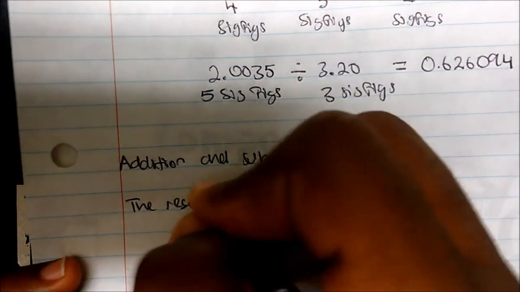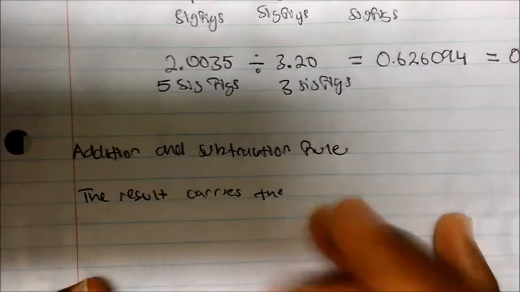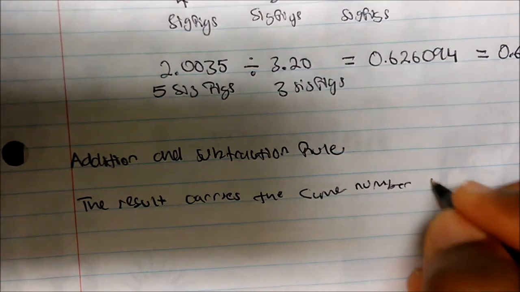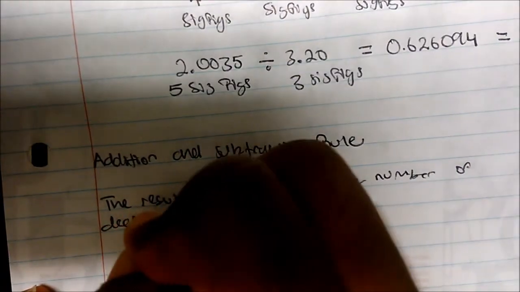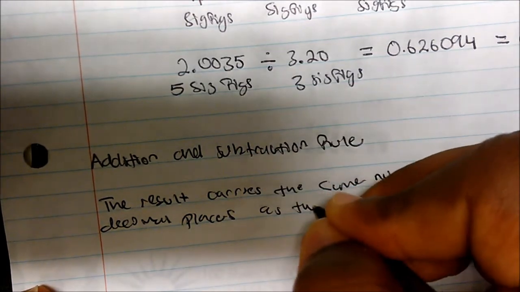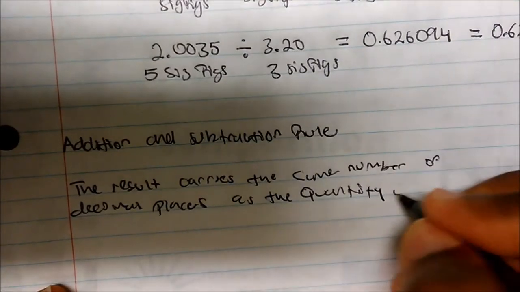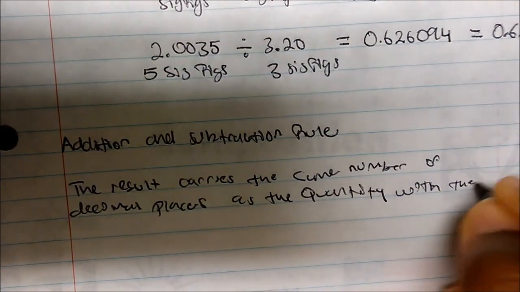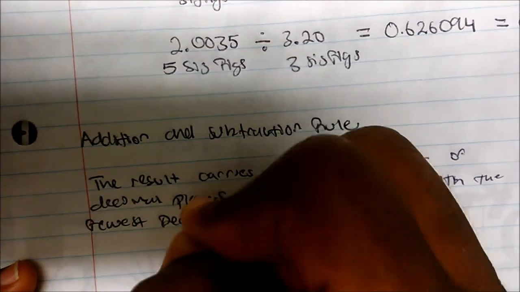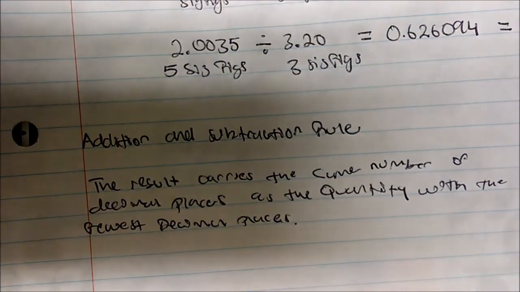The result carries the same number of decimal places as the quantity with the fewest decimal places. Okay, so what does this mean?